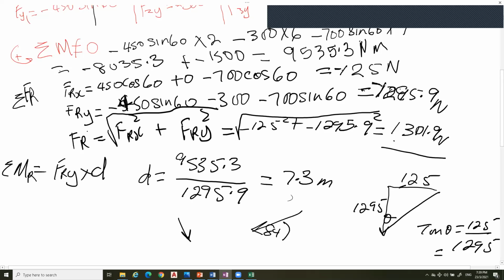So it's going to be opposite divided by adjacent, so tan inverse of that. That's not correct. What was the value? 125, and the other value was what? 1,295.9. And they're both minus, you said? Let me just check that. Let me go again. 125.